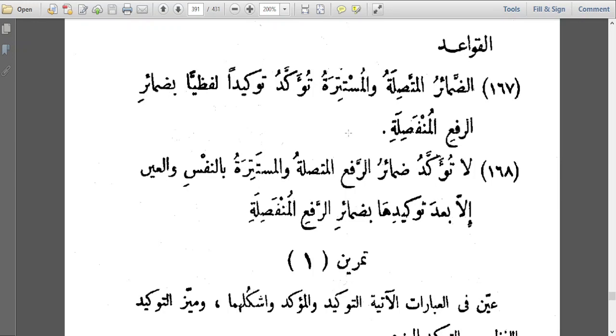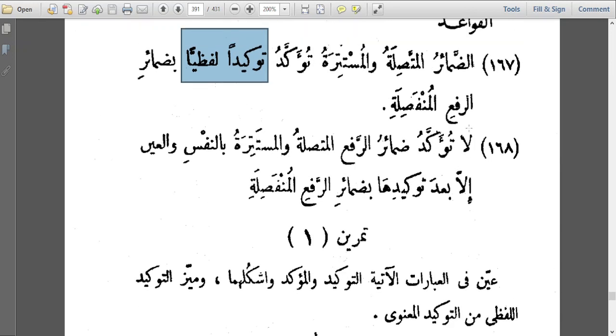The attached pronouns and the hidden pronouns are emphasized by توكيد لفظي. You already know توكيد لفظي, but here with ضمائر الرفع المنفصلة, by using detached pronouns, nominative pronouns.